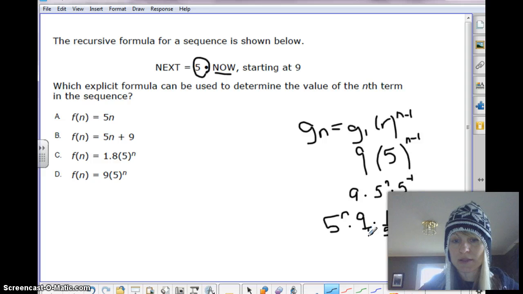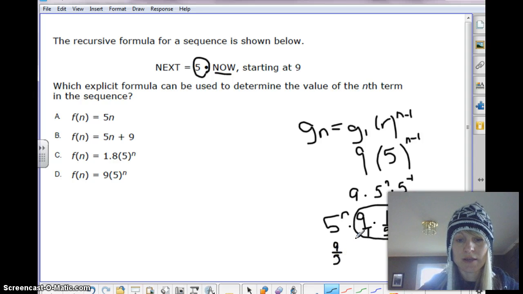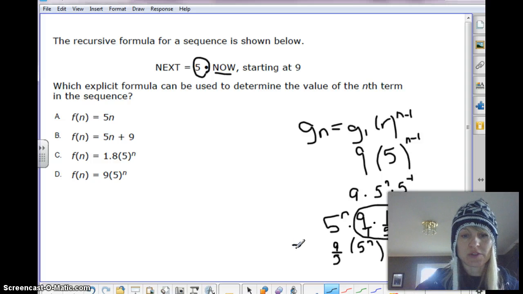So multiply these two because they're like terms, and that gives me 9/5 times 5 to the n power. So I have g sub n equals 9/5 times 5 to the n.